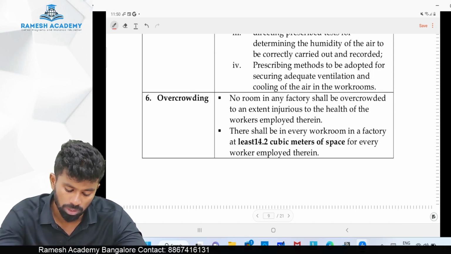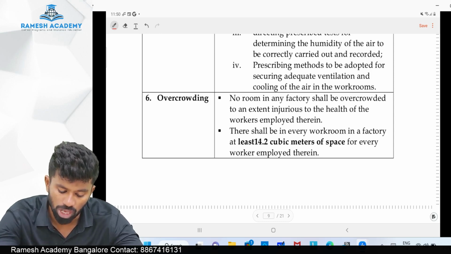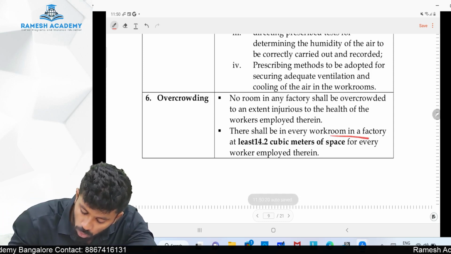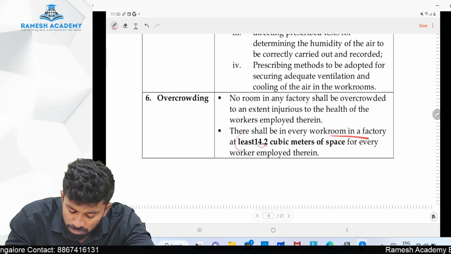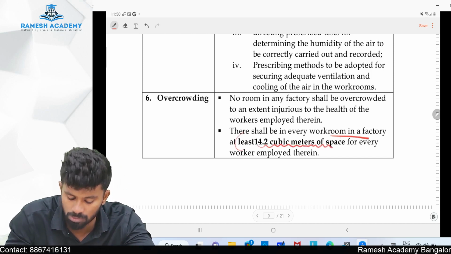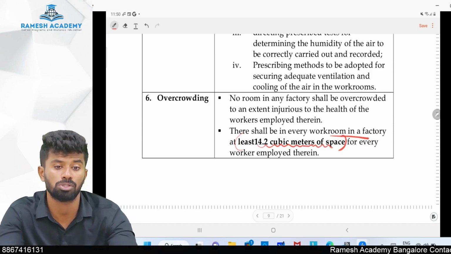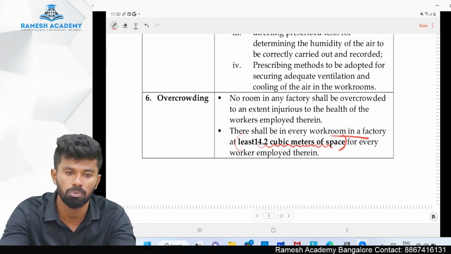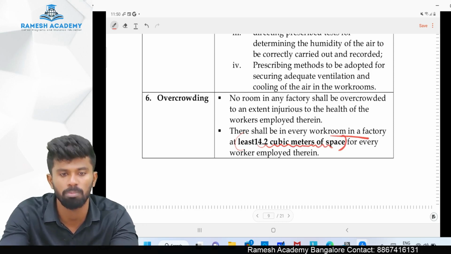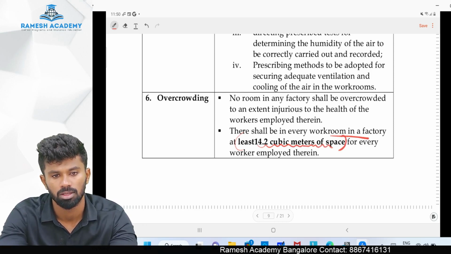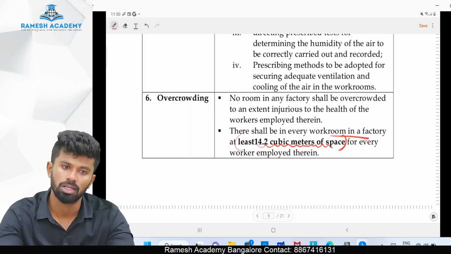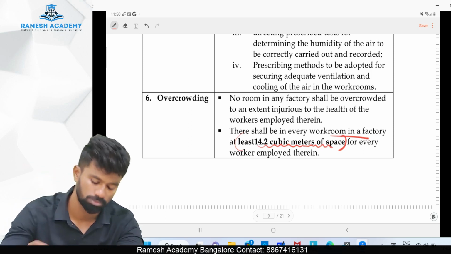Okay, no room in any factory shall be overcrowded. There shall be in every workroom in a factory at least 14.2 cubic meters of space. Important here, they may ask in the MCQs. What is the space to be maintained? At least 14.2 cubic meters of space to be maintained for the workers working in the factory.